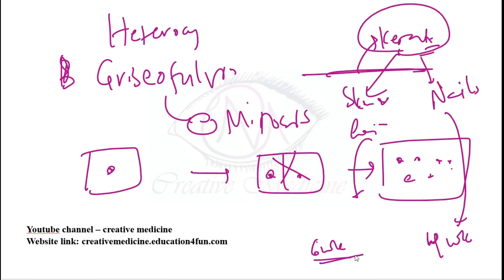So when giving griseofulvin, you should give therapy for 6 weeks in skin and hair, and 2 to 4 months for nails. Absorption mainly increases in the presence of fatty foods.